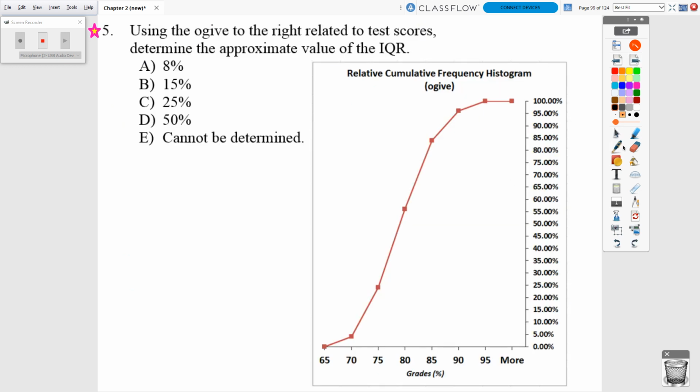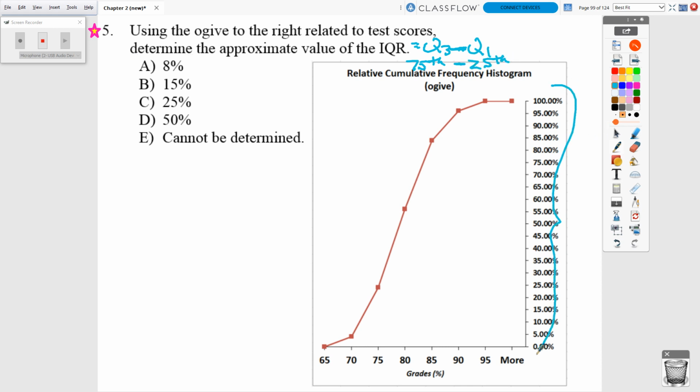Number 5, using the ogive to the right, or really below to the right, related to test scores, determine the approximate value of the IQR. So again, IQR is Q3 minus Q1, and we need to find two values here, the third and first quartiles. The third quartile is the 75th percentile, and Q1 is the 25th percentile.